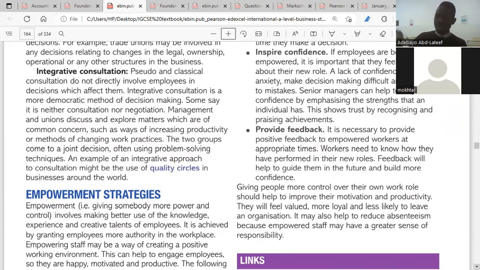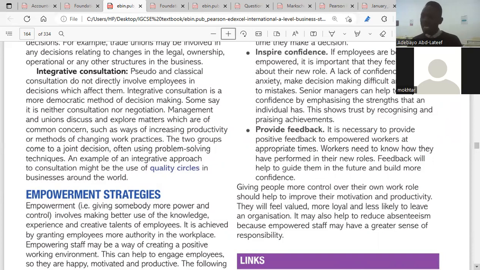So here, employees are seen, are talked to, are involved directly on matters that affect them. They talk it out with the management. That is consultation strategy, which can also improve labor productivity and reduce labor turnover.